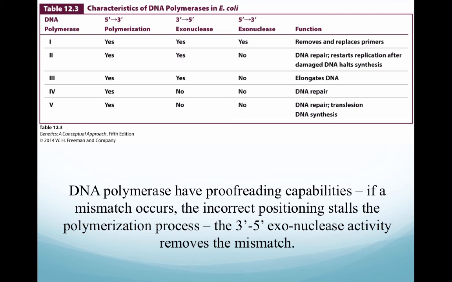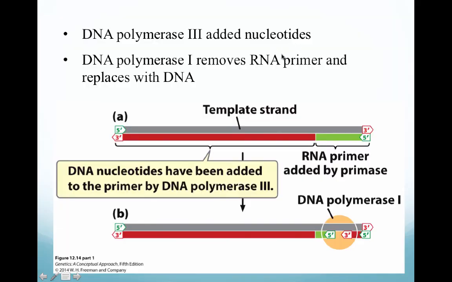So it has a little bit of editing capability as well. But a lot of the DNA repair and translation is actually going to be done by DNA polymerase 1 at the very end of this process. That's going to come through and remove the primers and replace them with DNA material.